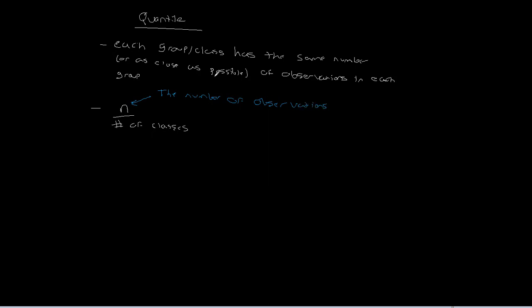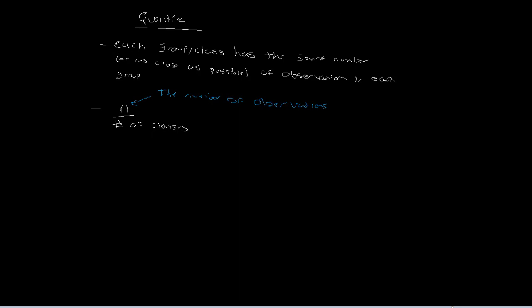So this is basically going to be the number of observations divided by the number of classes, and then once you have the number of observations in each class, which is what this will give you, you simply start at the beginning and you count your way down the list. So if, for example, each class had 3 observations, you'd start at number 1. The first 3 observations would be in one class, the second 3 would be in the next class, and so on and so forth.